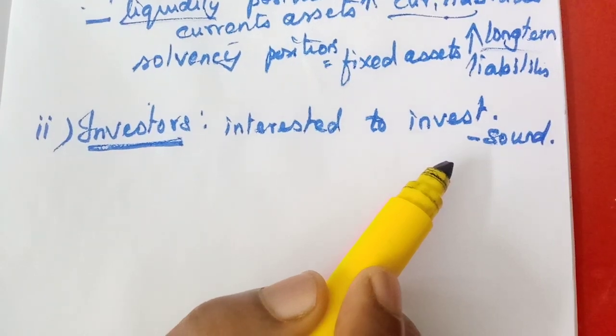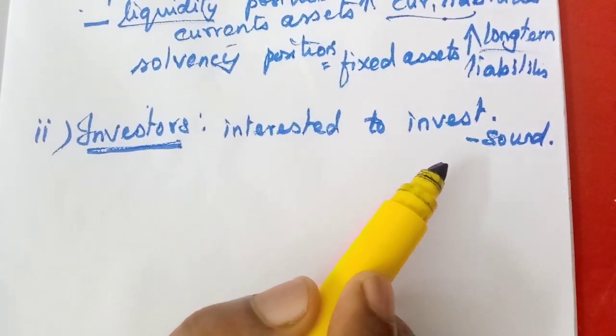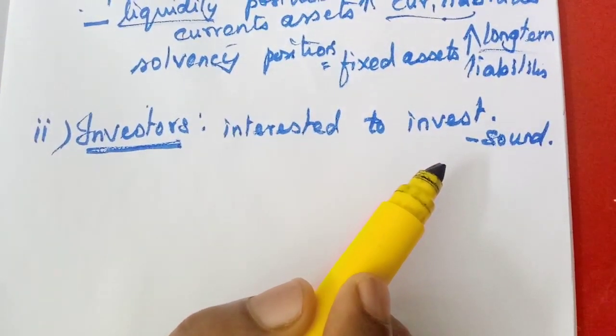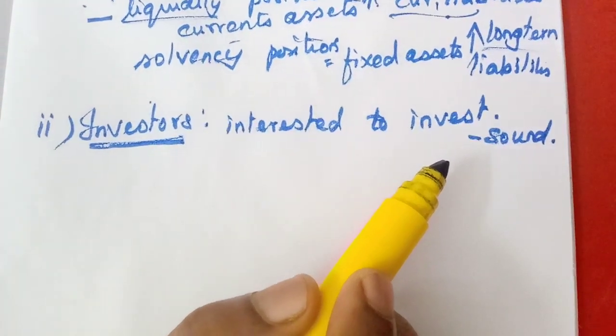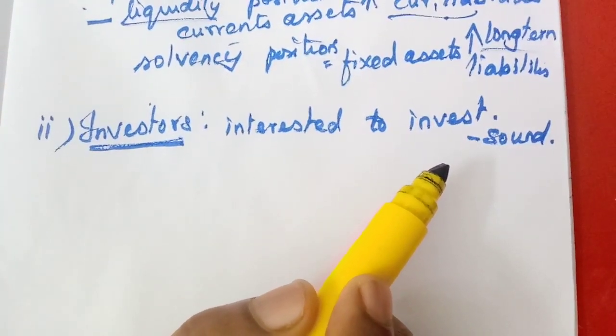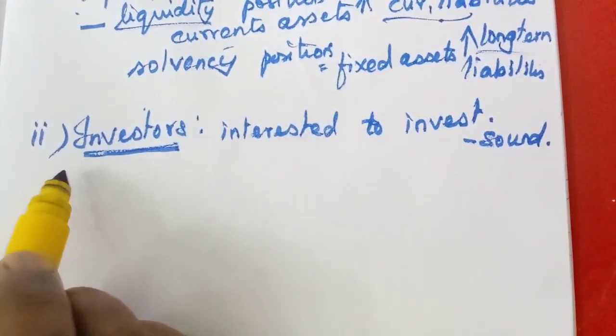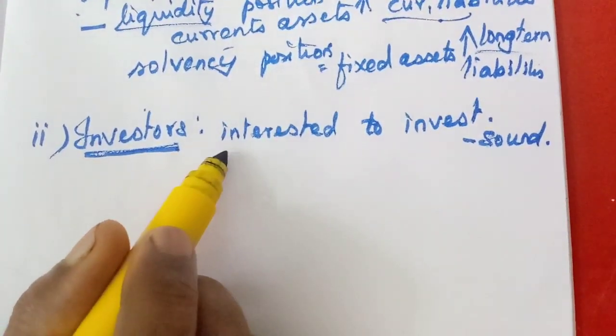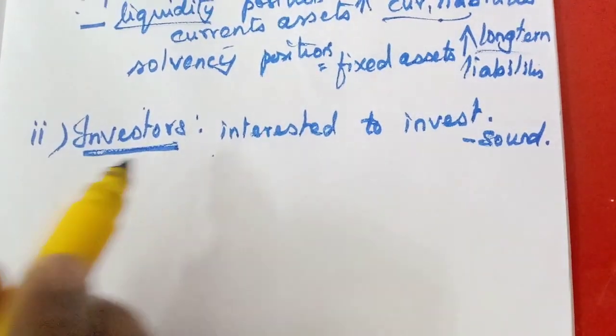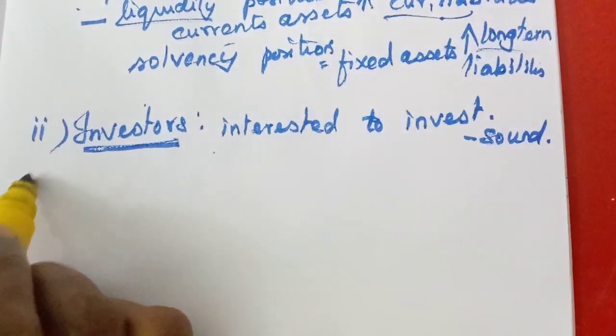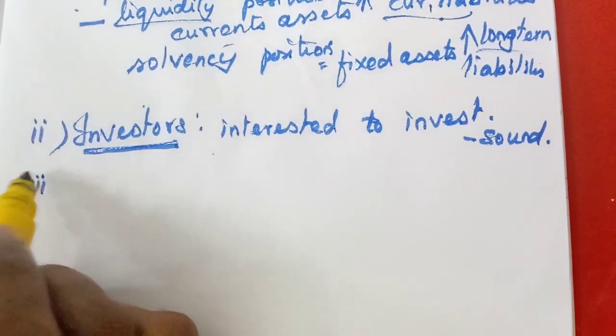Nobody will be ready to take risk, isn't it? Nobody will invest their money in an organization which incurs loss continuously. So all the people who are interested to invest also want to know the financial information.